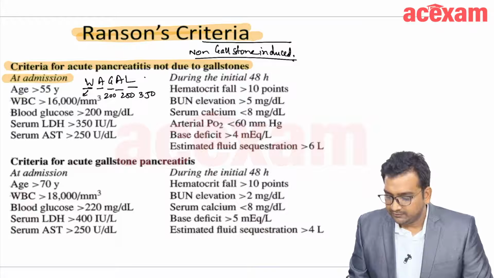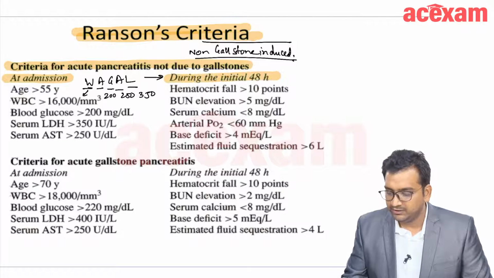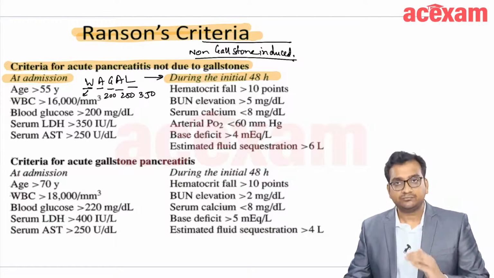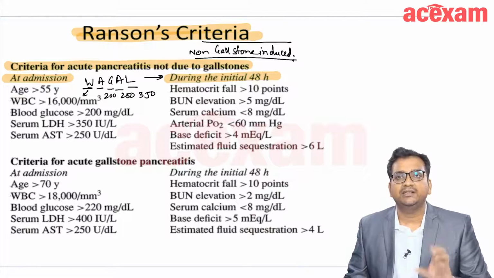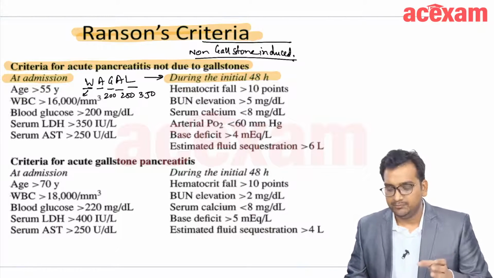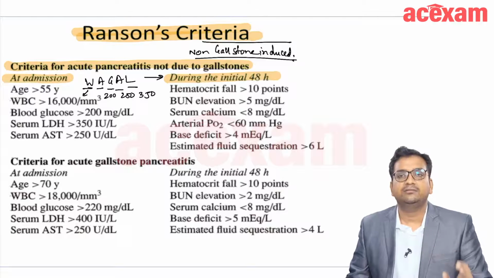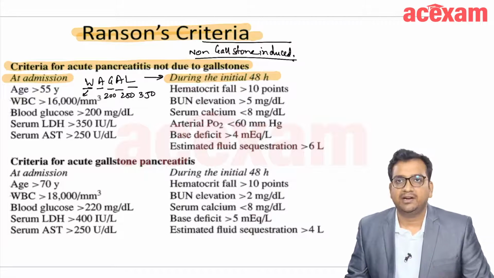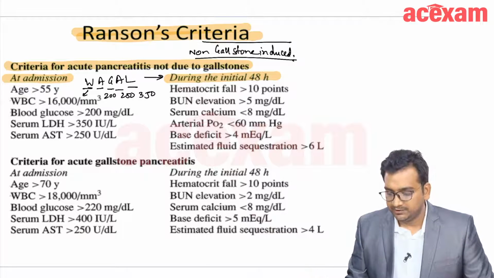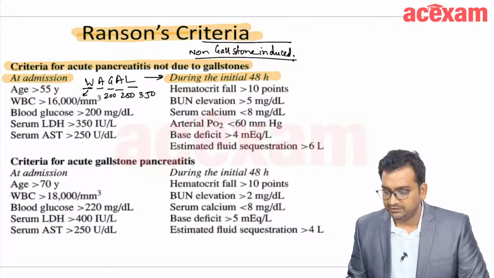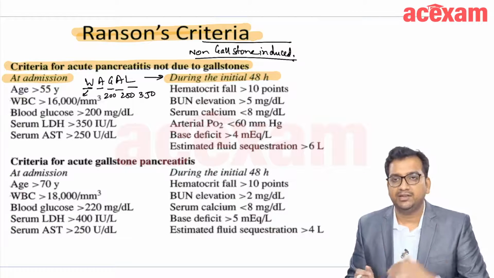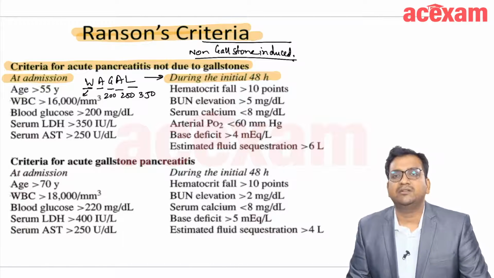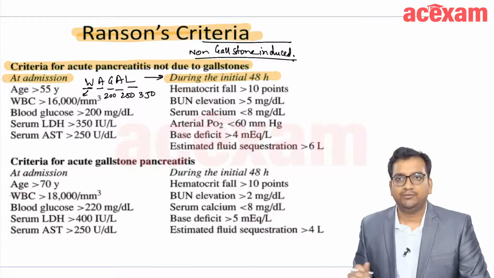Now, generally they ask questions regarding the initial 48 hours. The problem with Ransom's criteria is that it takes at least 48 hours to classify the patient as mild, moderate, or severe acute pancreatitis, because there is a separate criteria done during the initial 48 hours. Then we can calculate the final Ransom's score only after 48 hours.